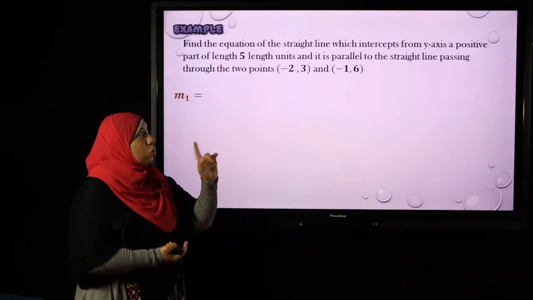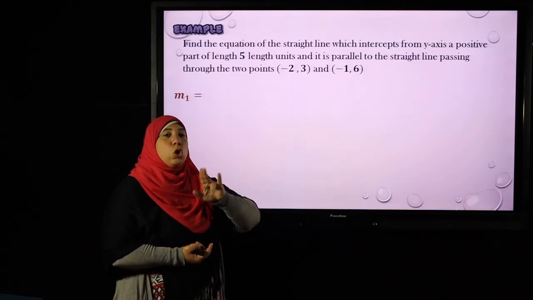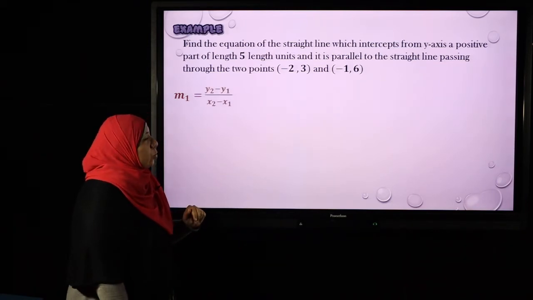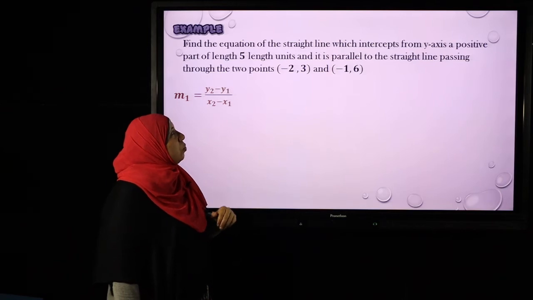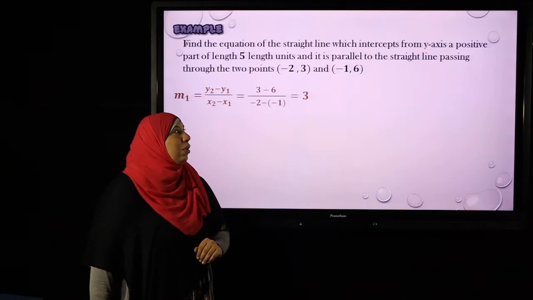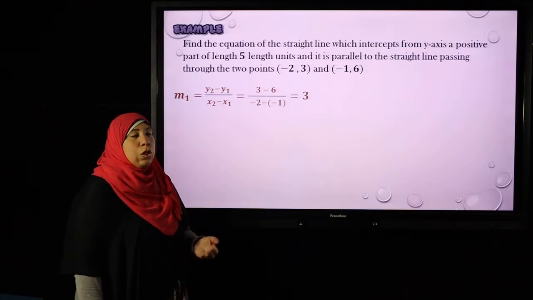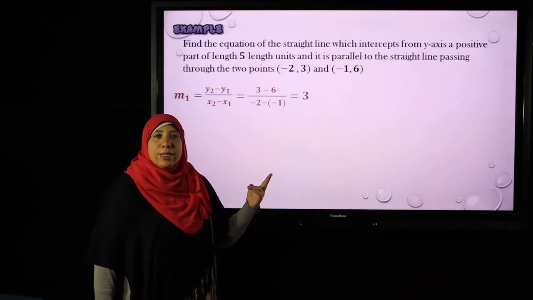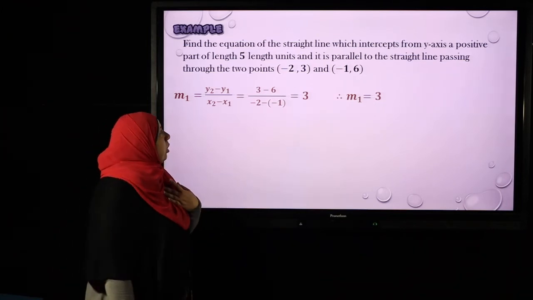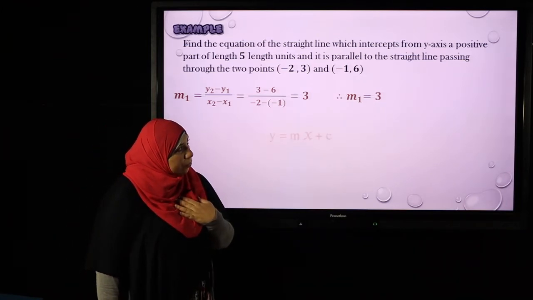So I cannot use these points to find c if I want c. Here, m1 is (y2 minus y1) over (x2 minus x1), (3 minus 6) over (-2 minus -1), equal to 3. Because the two straight lines here are parallel, the slope that I need equals 3.